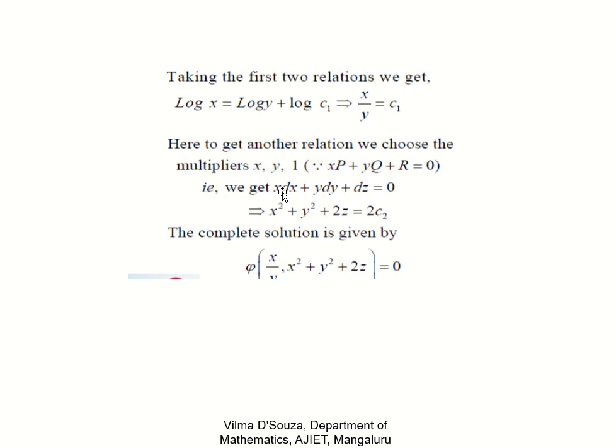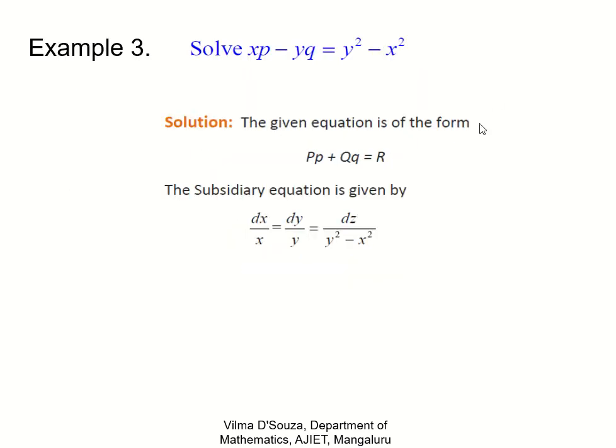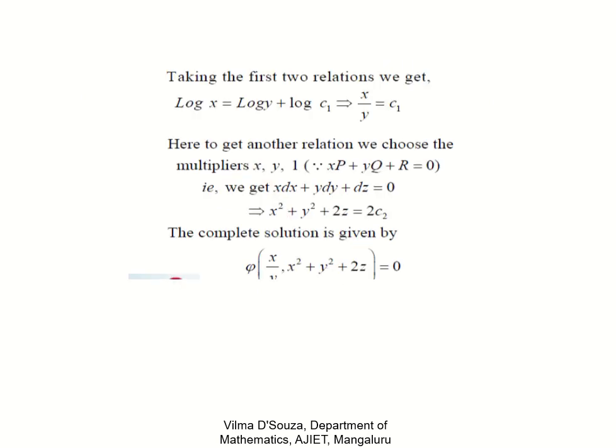So write down the subsidiary equations. dx by P is equal to dy by Q is equal to dz by R. P is x, Q is y, and R is y square minus x square.